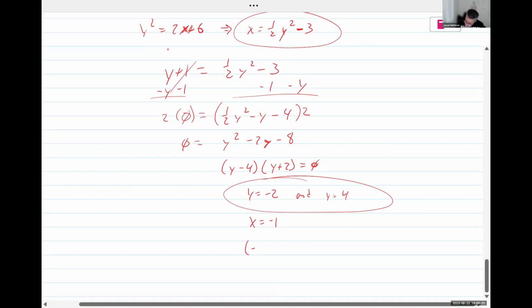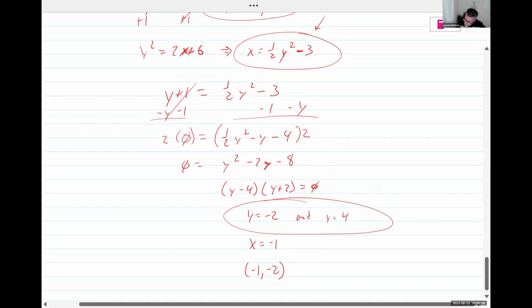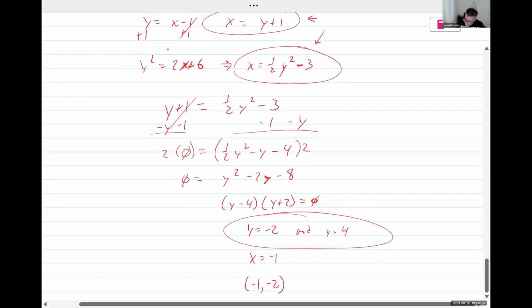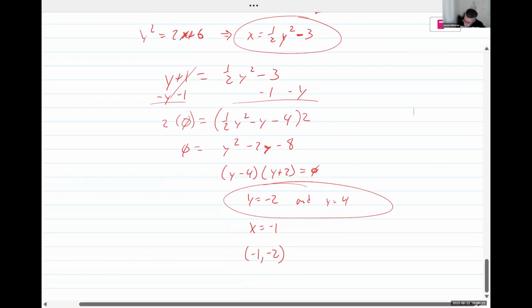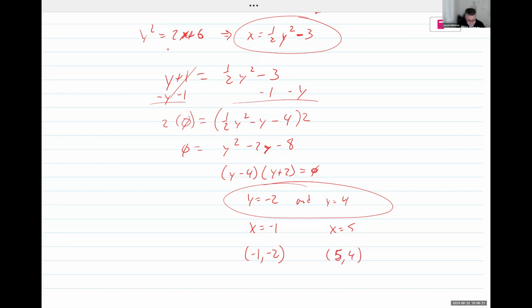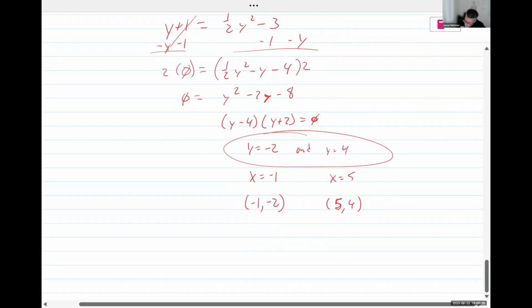So we get a point of intersection at negative 1, negative 2. If I plug in 4 for y, I get x equals 5, and so this is a point of intersection at 5, 4. Okay, so I have my points of intersection.